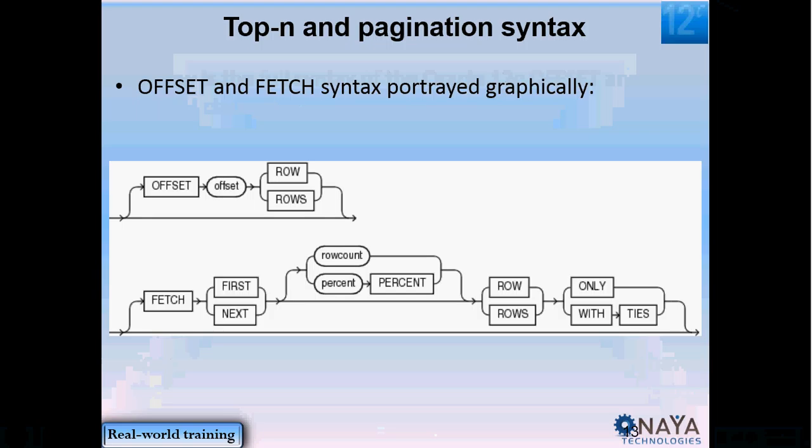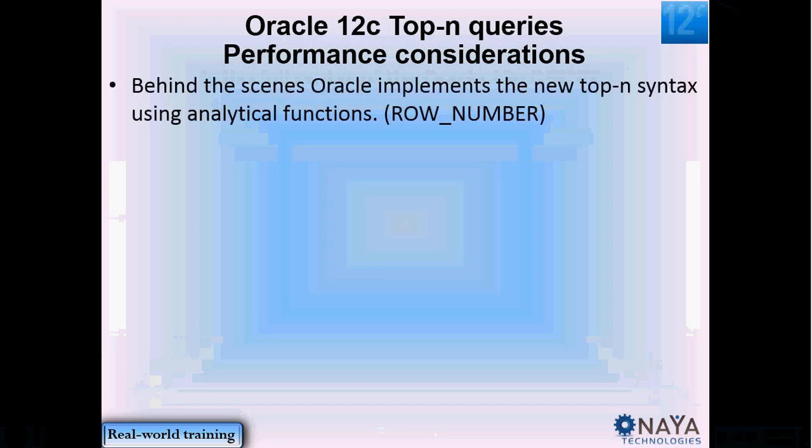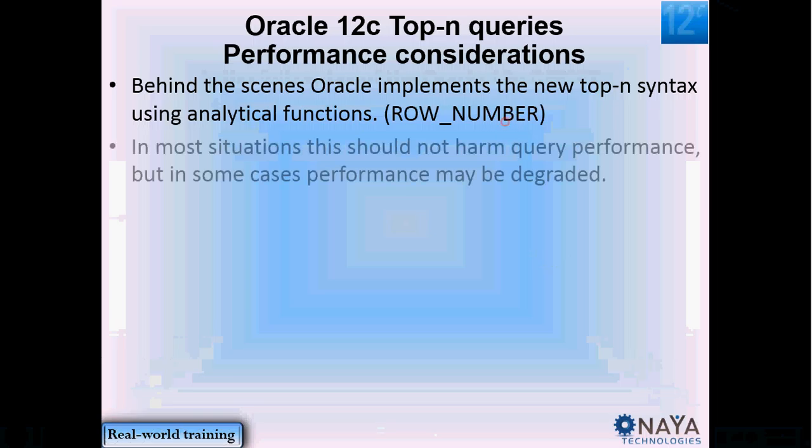And I would conclude with some performance considerations. Just bear in mind that behind the scenes, Oracle implements this new syntax using analytical functions, also called window functions, and specifically it uses the row number analytical function. This is a good thing to bear in mind because in some situations it may affect performance.